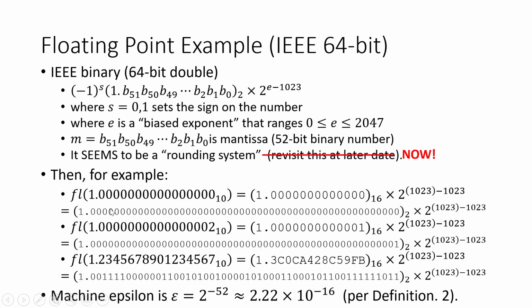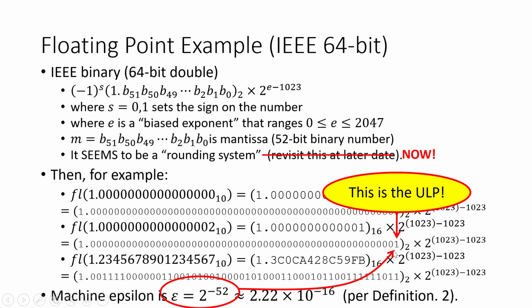Now I'm showing the binary or the base 2 version right below, and then you can see here very clearly the ULP right there. And then you have the fun one where you have those 13 hex bits we saw earlier. Again, you see that the machine epsilon, the 2 to the minus 52, is that spot right there. That is the ULP. So it is a definition 2 machine epsilon.